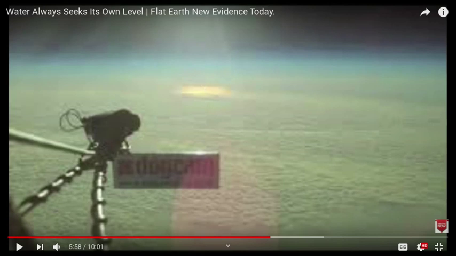How in the hell can the sun make a hot spot direct like this from 96 million miles away? I'll wait.